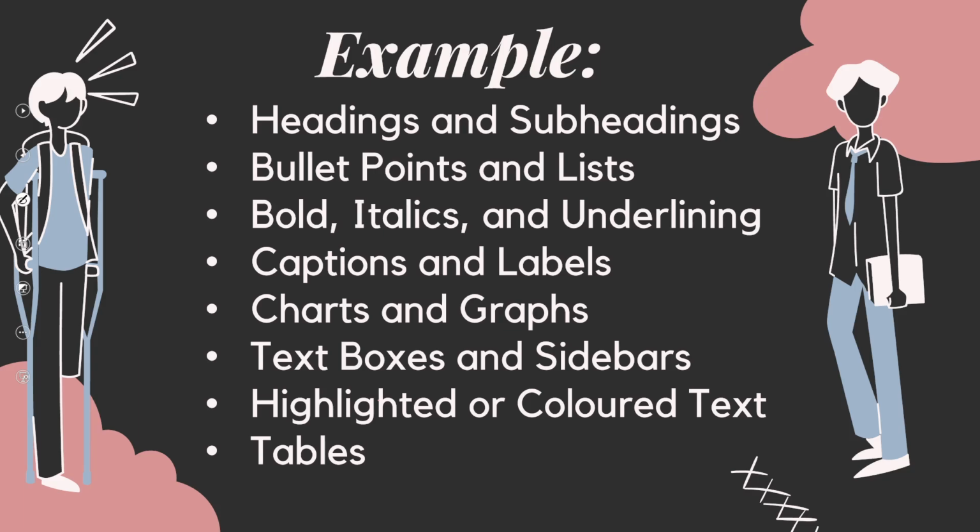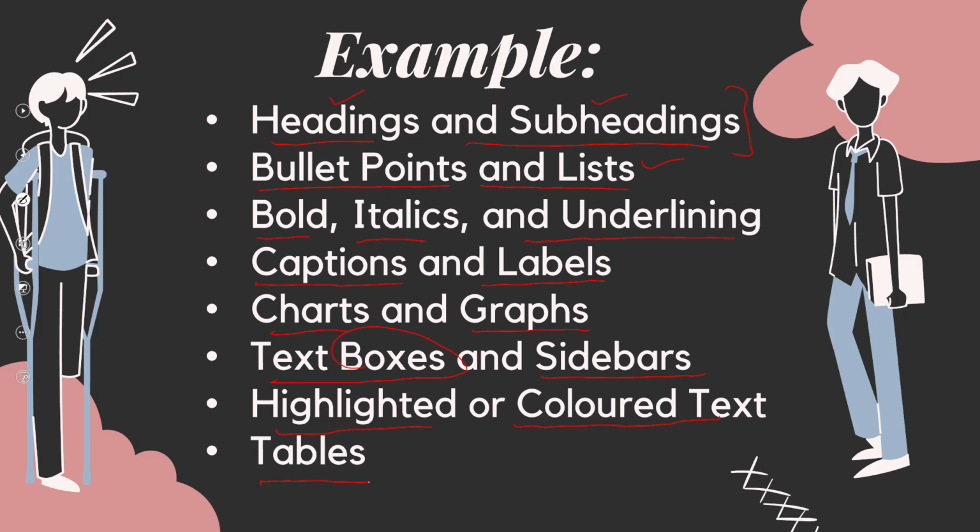Now, if you're reading any text, its heading and subheading will clear the meaning most of the times. The bullet points and lists will also help you clear the meaning of any text. Bold, italics, and underlined words are very helpful. Your captions and labels, charts and graphs, text boxes, and sidebars, highlighted or colored text, or tables.